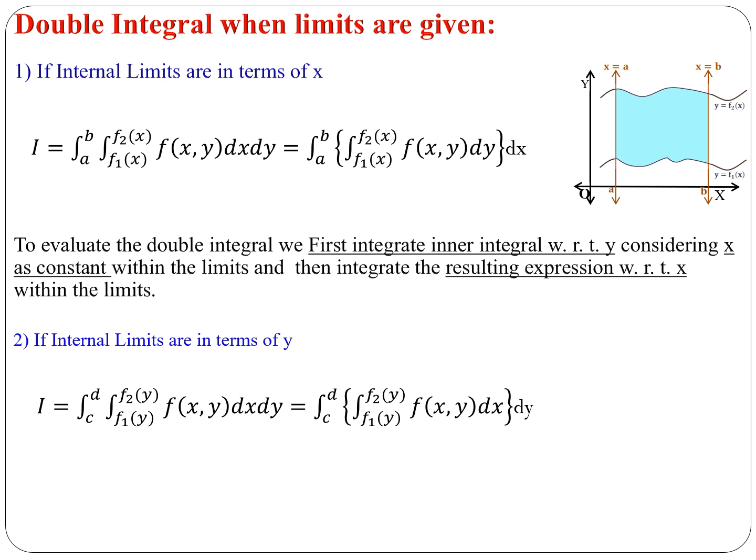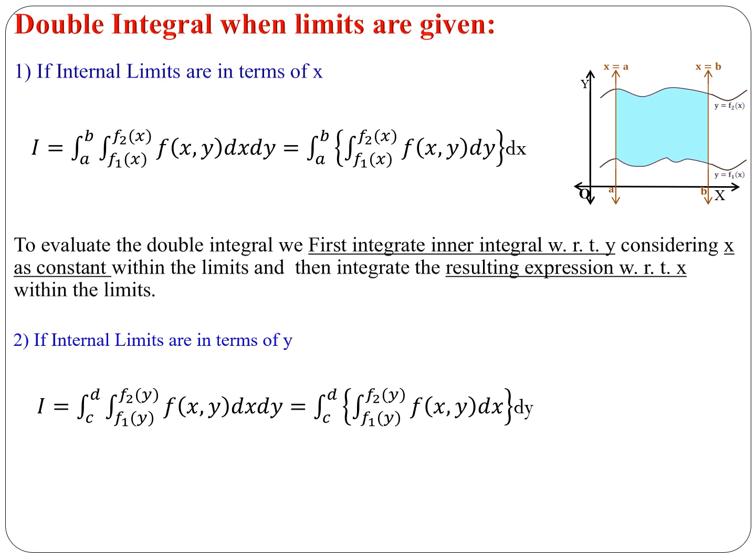How will we write it? The external limit as it is, the internal limit f1(y) to f2(y), f of xy, and since the limits are in terms of y, we keep dx with it and close the bracket. We write this in a bracket, and outside of that, dy. That means first we integrate our function with respect to x and put the limits of x as f1(y) to f2(y). Then this bracket is totally a function of y.